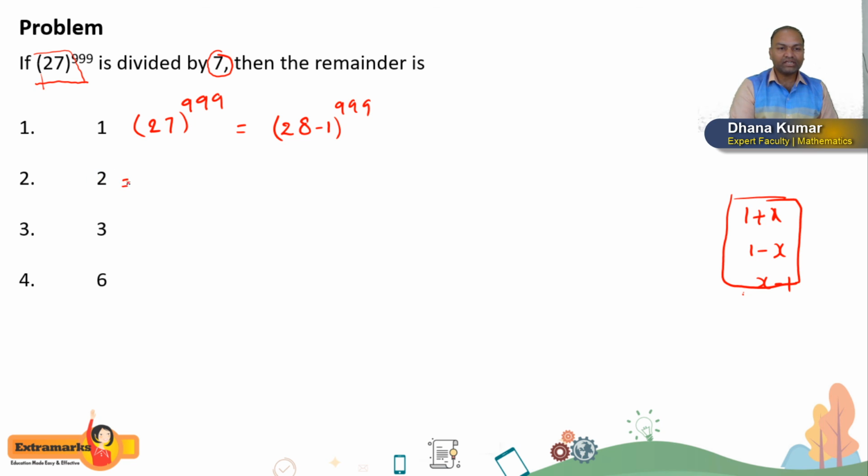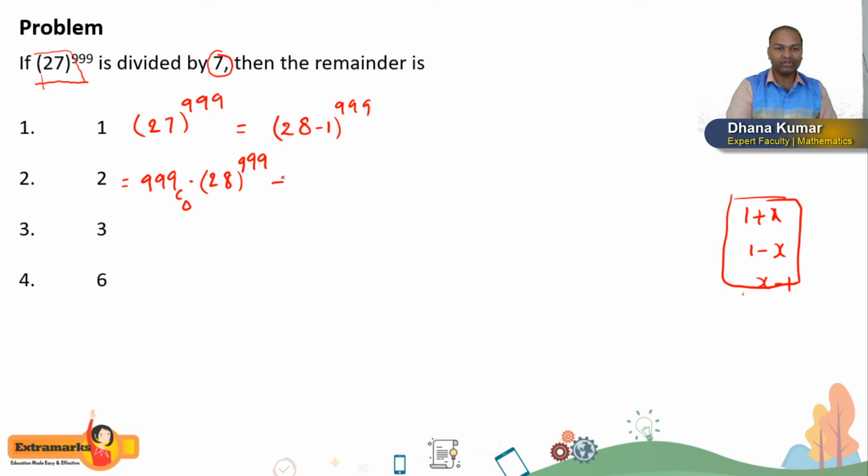This can be written as 999C0 into the first element, that is 28, power 999, into the second element 1 power 0. 1 power anything is 1 anyhow. The symbol minus is there, so alternate signs exist in this expansion.